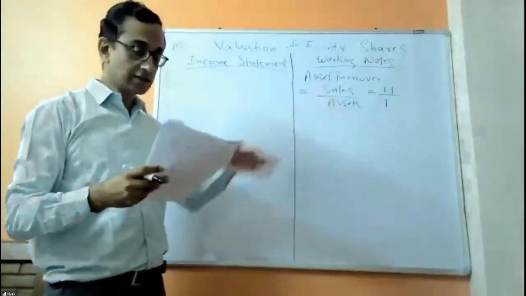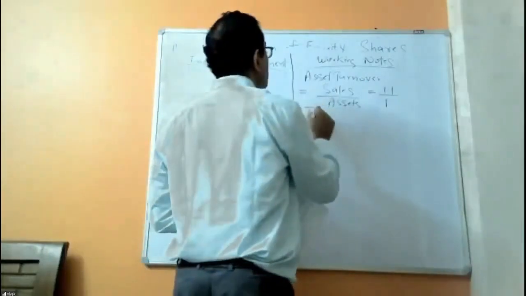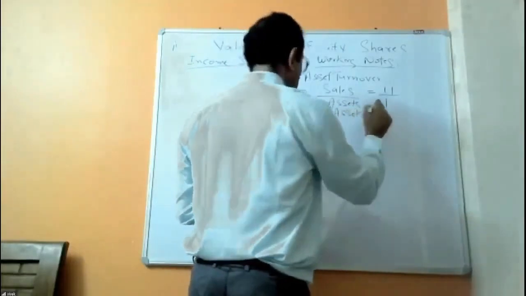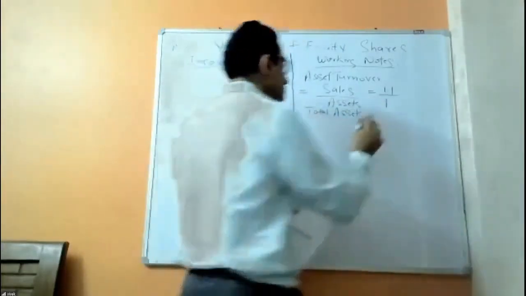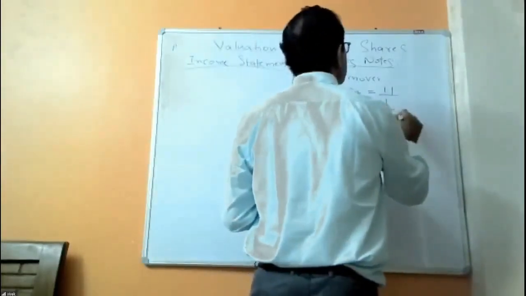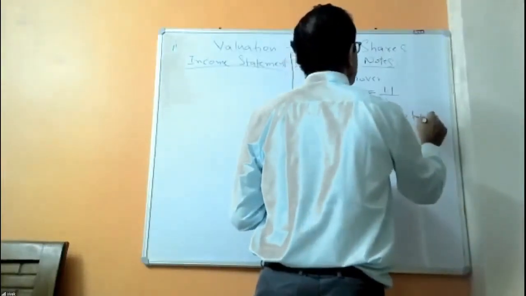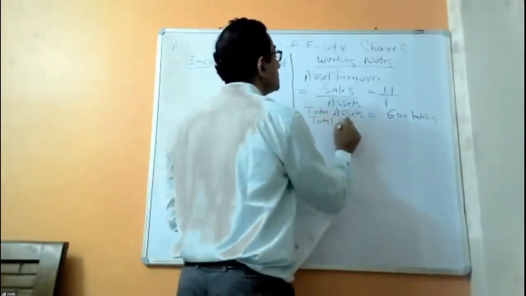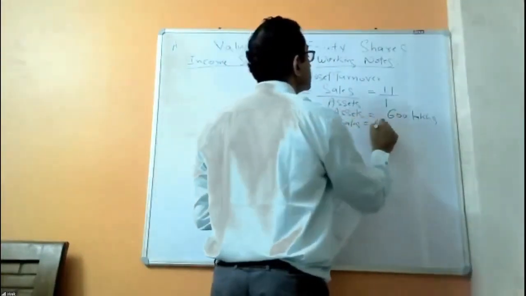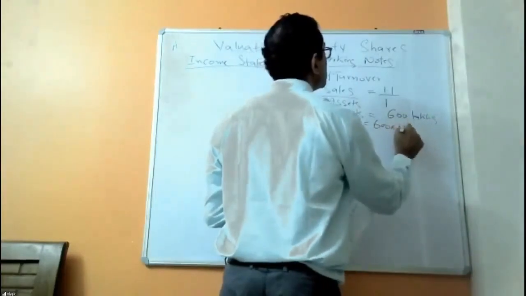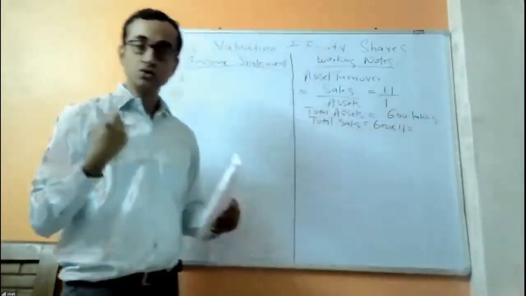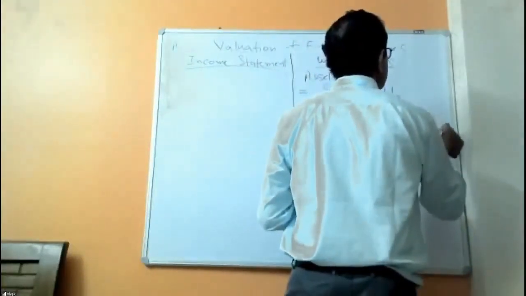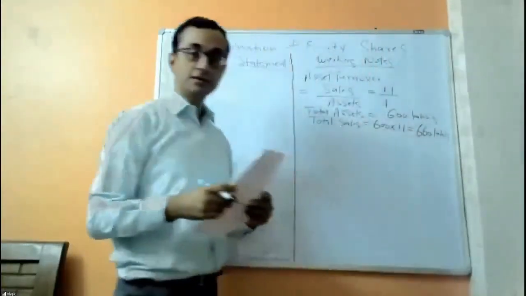Since the total assets are given, total assets are 600 lakhs. So total sales will be 600 lakh into 1.1. 600 into 1.1, it will be 660 lakhs.